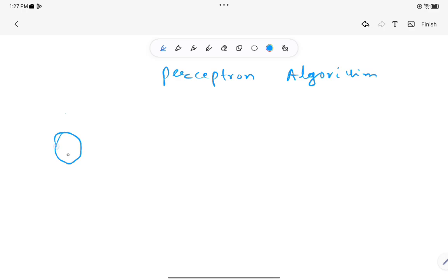Here is a neuron, and these are its inputs. One input has weight W1 and the other input has weight W2.